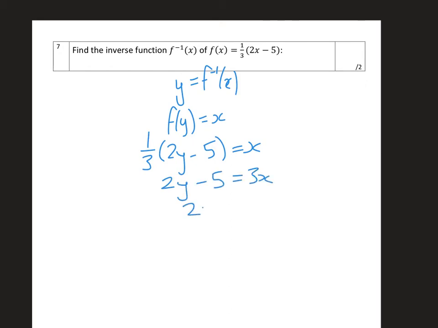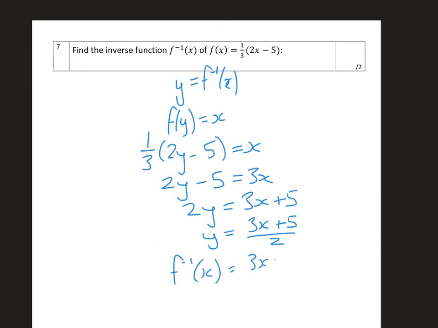I'm going to add 5 to both sides and divide both sides by 2. And y was the inverse, so therefore the inverse of f is 3x plus 5 over 2.